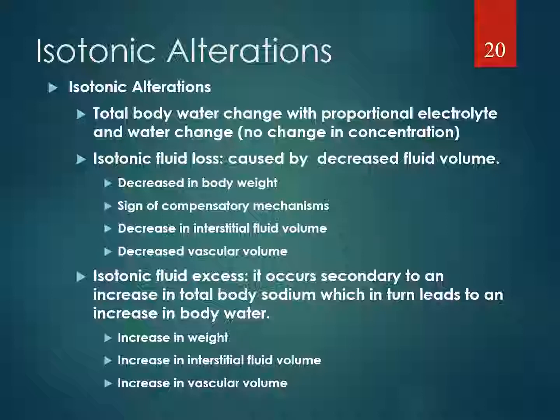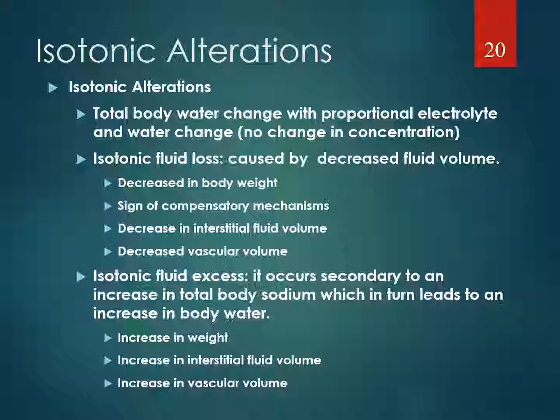So we can see a decrease in body weight. Signs of compensatory mechanisms could be rapid, weak, thready pulse, low blood pressure, or orthostatic hypotension. We can see a decrease in the interstitial fluid volume, decreased skin turgor, dry mucous membranes, decreased vascular volume. We can have an increased hematocrit, increased electrolytes.